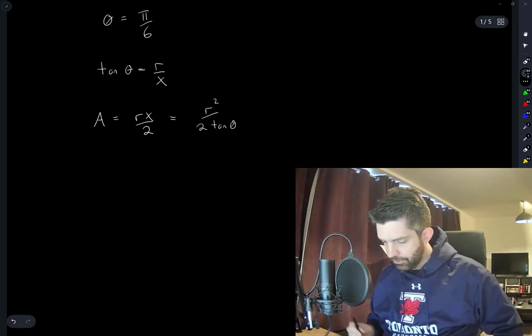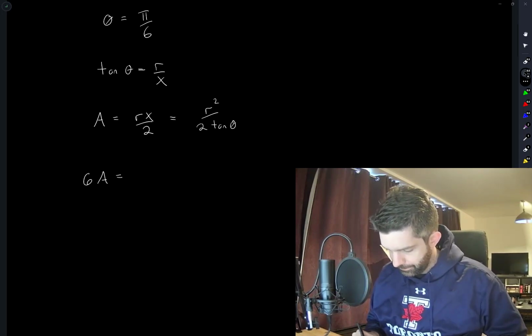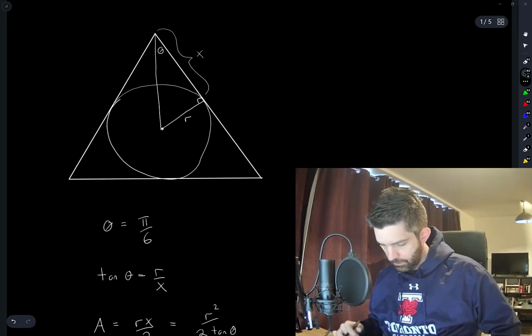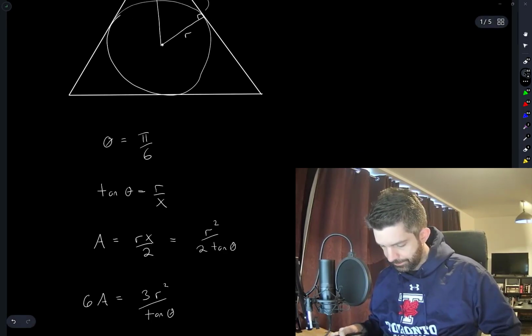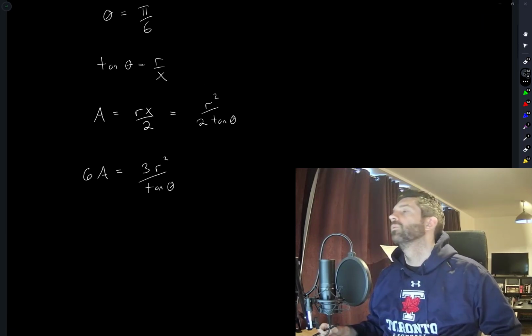Okay, and at the end of this, I'm going to have to multiply the area by 6 because there are 6 of these small triangles. Okay, so tan of pi over 6, what is that?